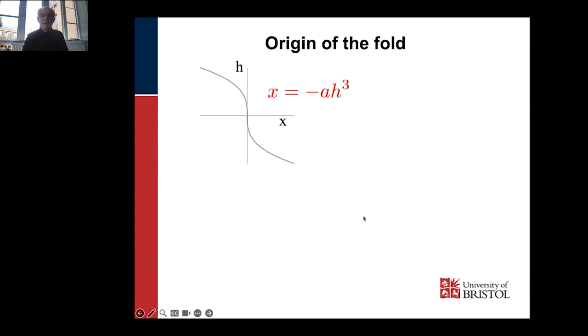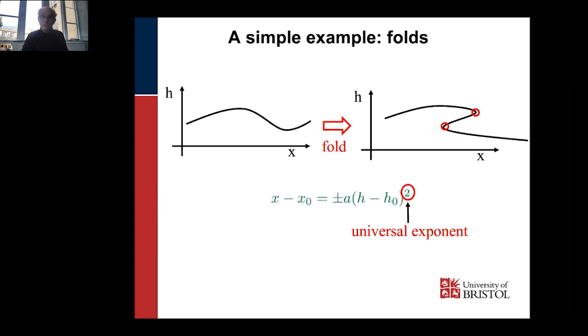Now, let me ask, where did this fold come from? So I want to rewind, and I want to try the point in between this situation and this situation where this fold first appeared.